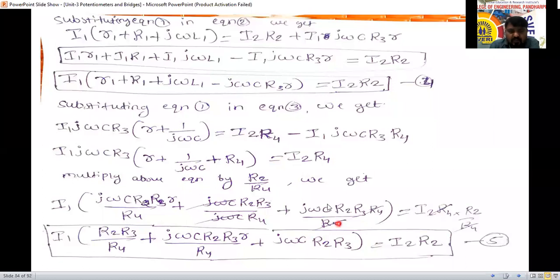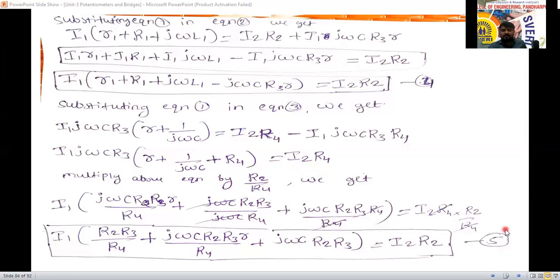So the left term is I1, you keep it as it is here now. R2, this term you write down: R2 R3 divided by R4 plus j omega c R2 R3 into R divided by R4 plus this j omega c R2 R3, equal to I2 R2. This is equation number 5.